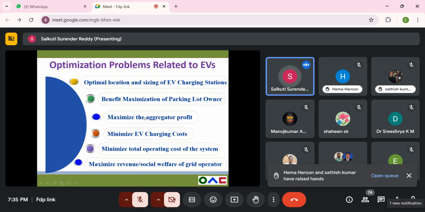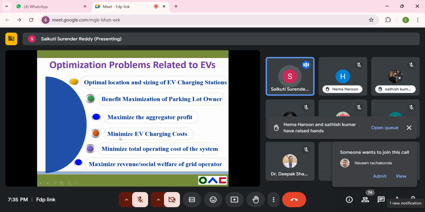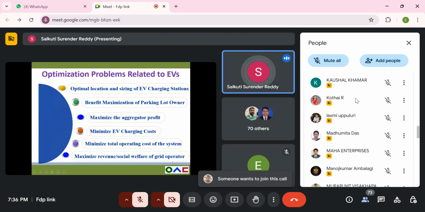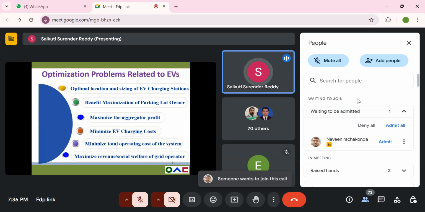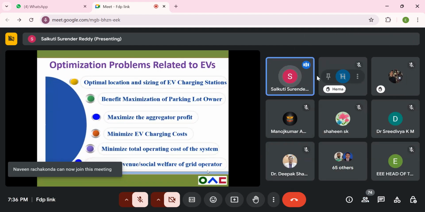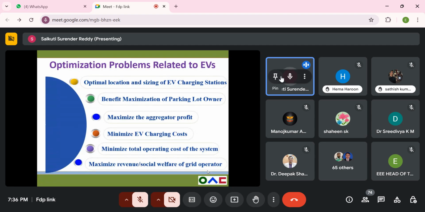Some objectives are: maximize aggregator profit, minimize the charging cost, minimize the total operating cost of the entire system, maximize the revenue, or maximize the social welfare of the grid operator. All these are different objectives you can think of and solve when you do your optimization or research related to electric vehicles.